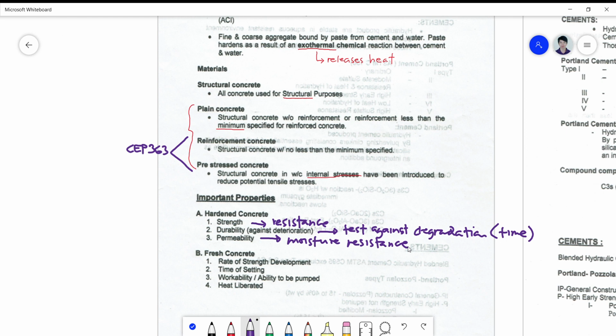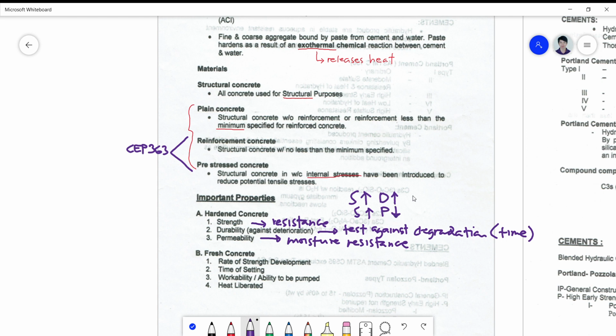Normally when your concrete is strong, your concrete durability also is high. And when your concrete is strong, your permeability is low.